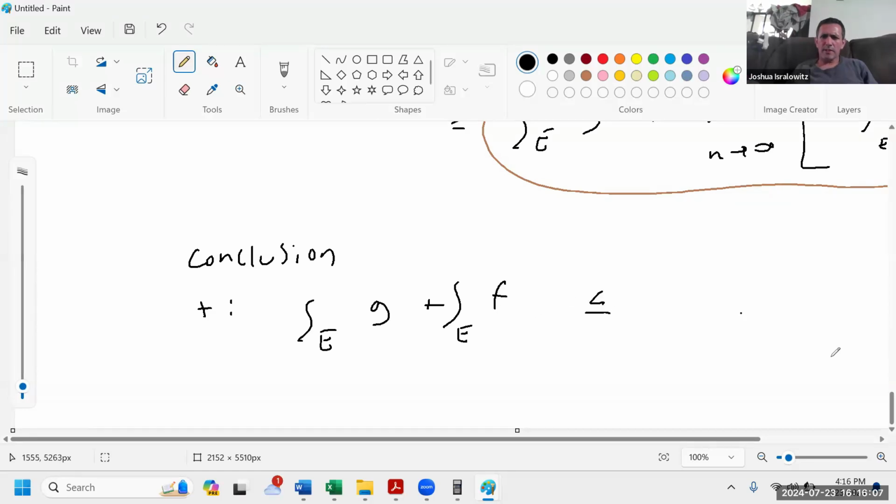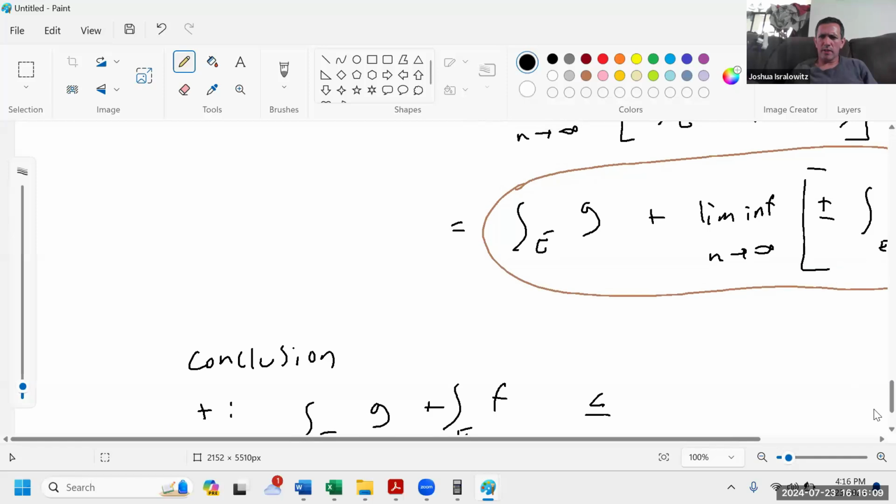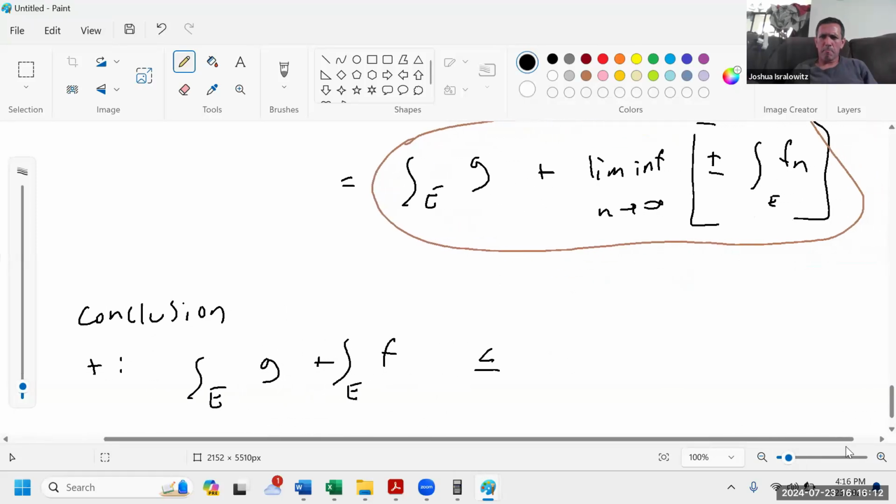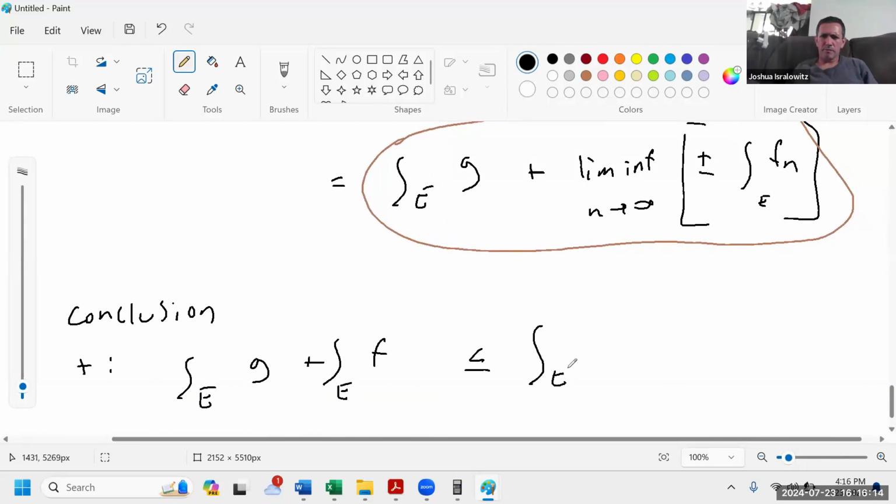And remember, the left-hand side is less than or equal to the right-hand side. Plus here, this is half of what we want.